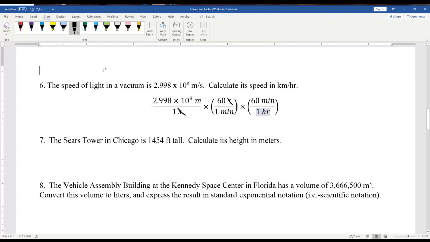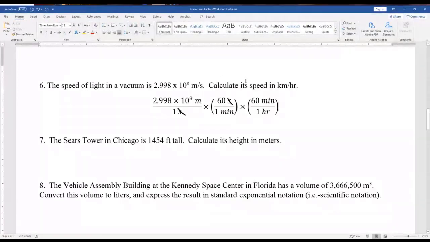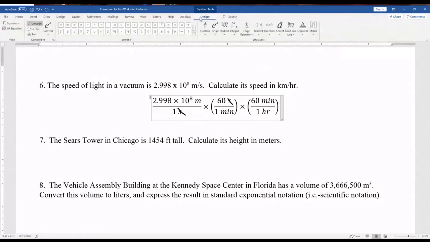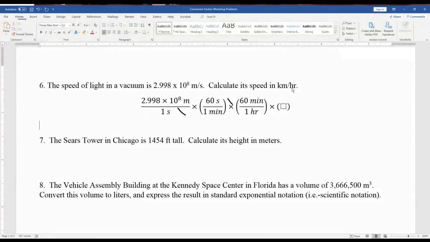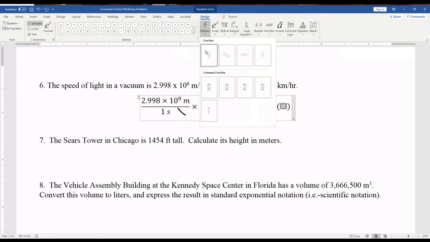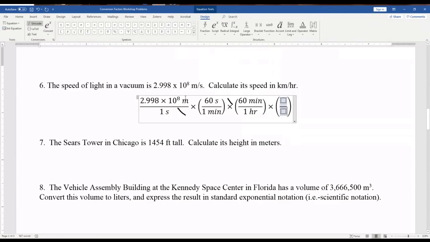So I'm going to add another conversion factor. Now we can go ahead and put a fraction in there. Now I need the meters to cancel out.